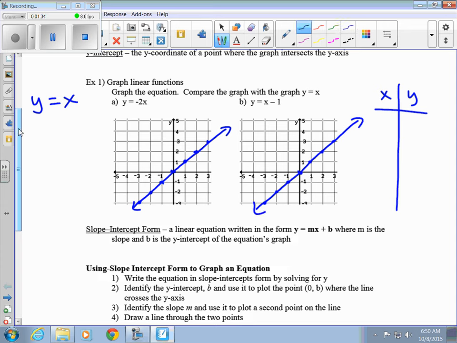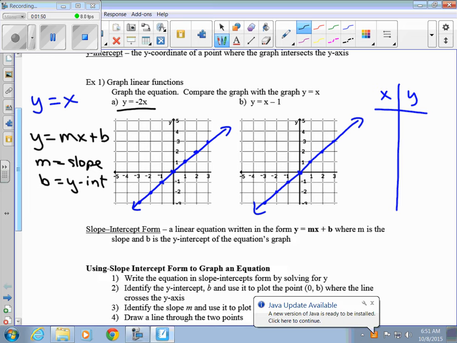So our goal here is to graph this equation. Well, remember, it's y equals mx plus b. m is your slope, and b is your y-intercept. So in this case, slope is -2, y-intercept is 0 because it's plus 0, there's nothing there.